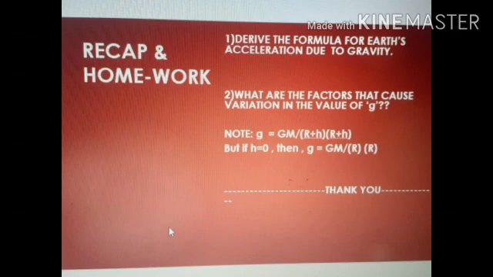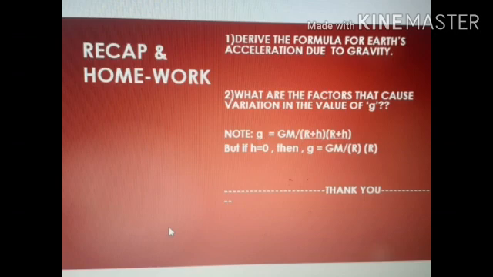Now, there is force of gravitation exerted by the earth on the body, and hence the magnitude of this force is given by Newton's law of gravitation, that is universal law of gravitation, and it is written as F is equal to capital G, where G is a gravitational constant, capital M small m upon r plus h the whole square, where r plus h is the total distance of the object from the center of the earth.